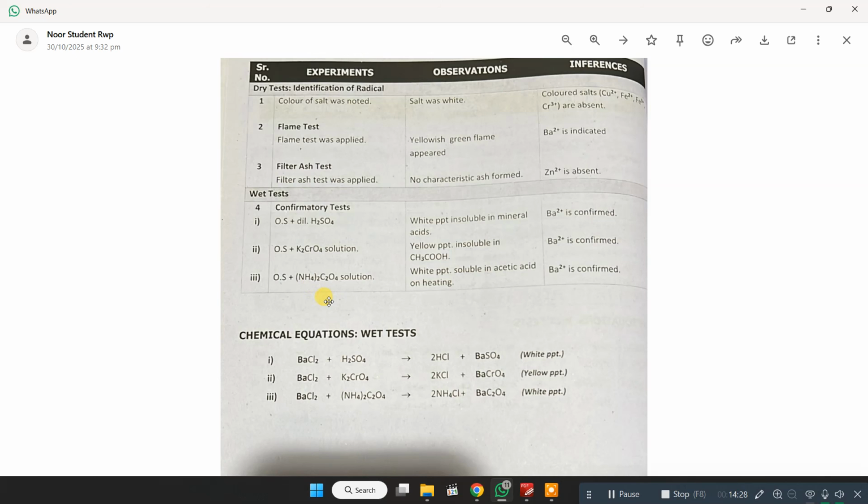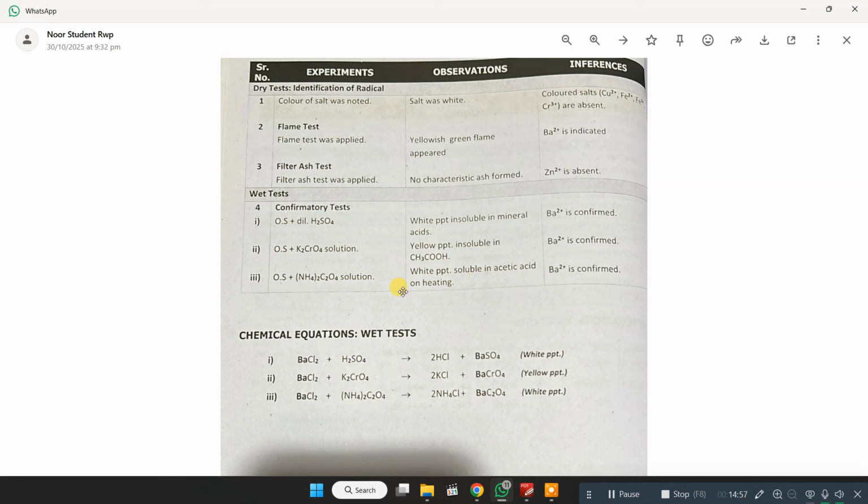Oxalic acid is basically two carboxylic acids joined to each other, and whenever we remove those hydrogen ions and replace them with ammonium ions, we get this solution, ammonium oxalate, if I am not wrong. I think that is the most probable case, that the ammonium oxalate solution is being mixed with the original solution, and we get a white precipitate soluble in acetic acid on heating.